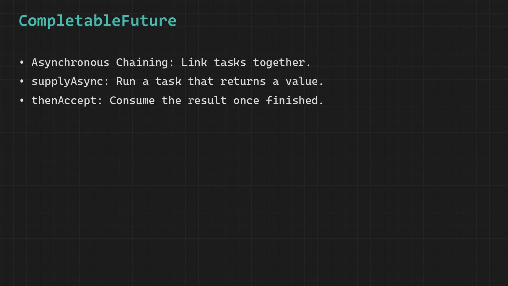So, overall, CompletableFuture transforms complex asynchronous programming into something much more intuitive by letting tasks be connected like an assembly line, where data flows step by step from creation to transformation to consumption without ever interrupting the main execution of the program, which makes it one of the most important tools in modern Java concurrency.